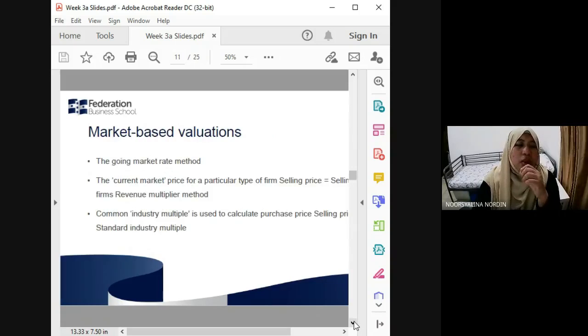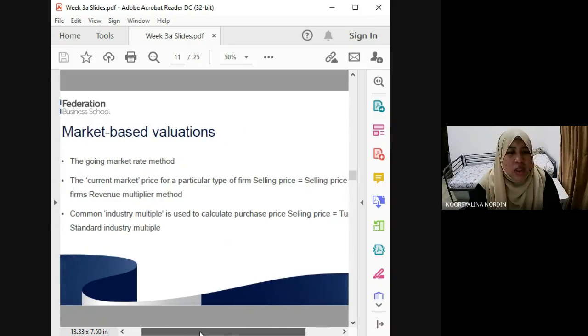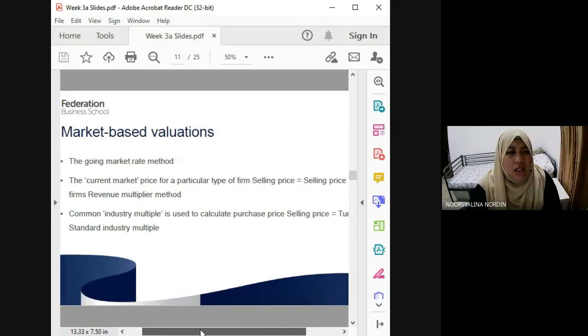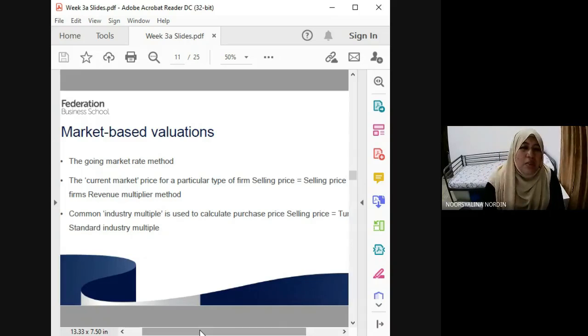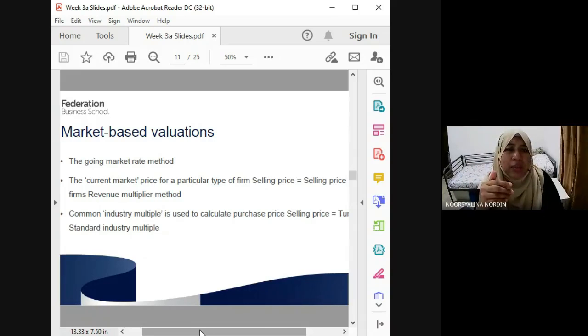Alright, so the first one, market-based valuation. What is market-based valuation? It means the going market rate method, meaning the method used during that current year or months or time.